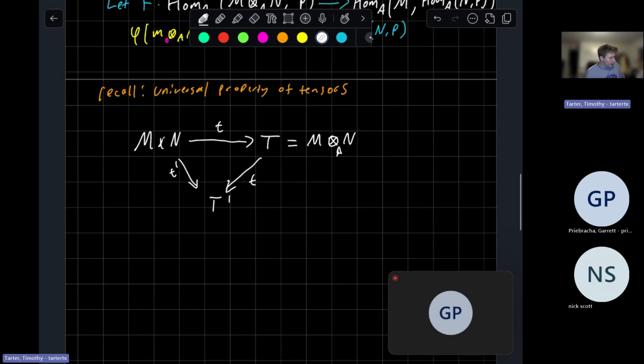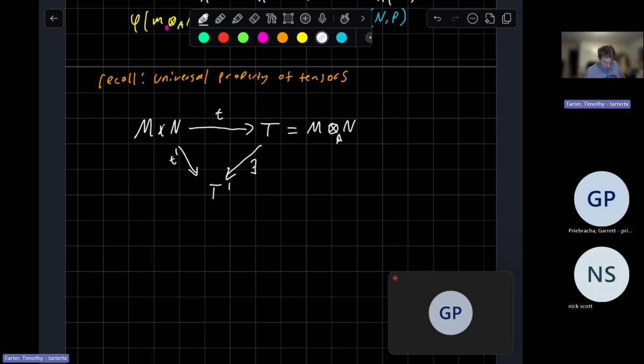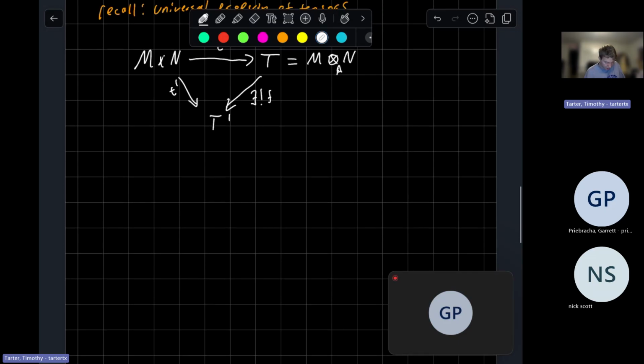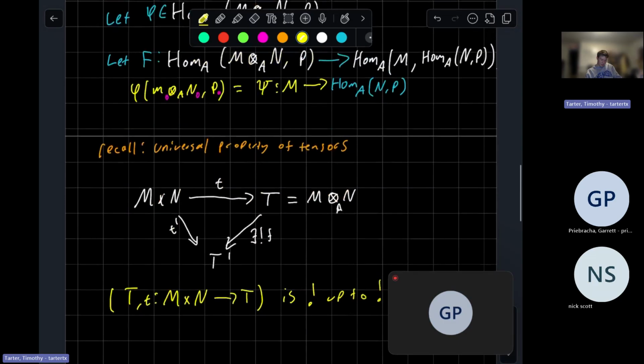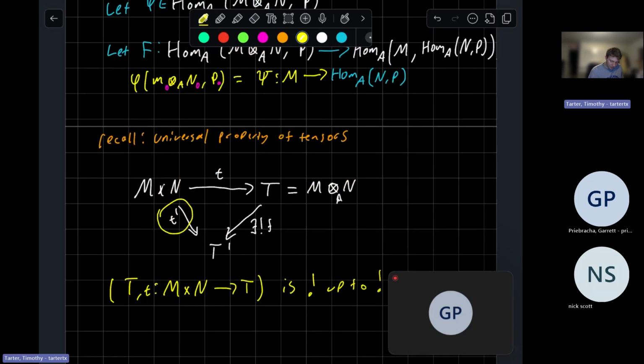This is T prime, this is T. Nope, that's not T. This is our unique factorization F. And then the universal property is that the tensor product and the map into it from the product is unique up to unique isomorphism, meaning that any map T prime going down into this other T prime.